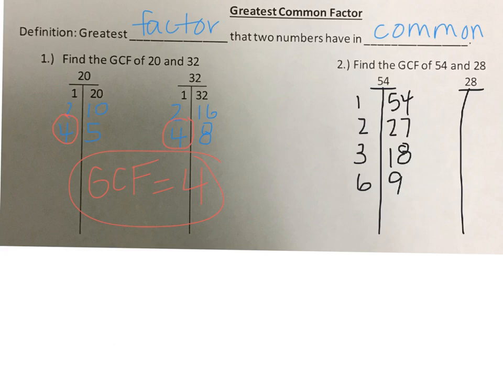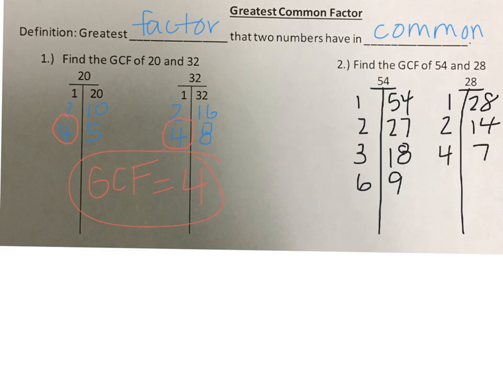So now let's look at 28. For 28, we can do 1 and 28. 2 and 14. Can't divide 28 by 3, but you can divide 28 by 4 because 4 times 7 equals 28.